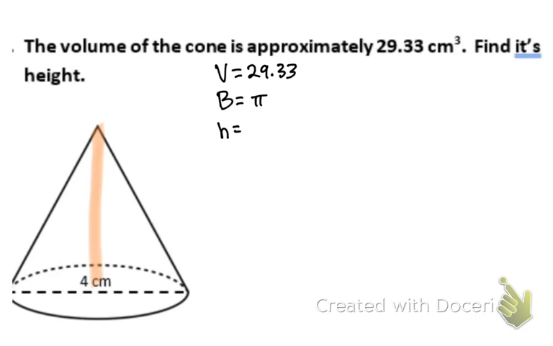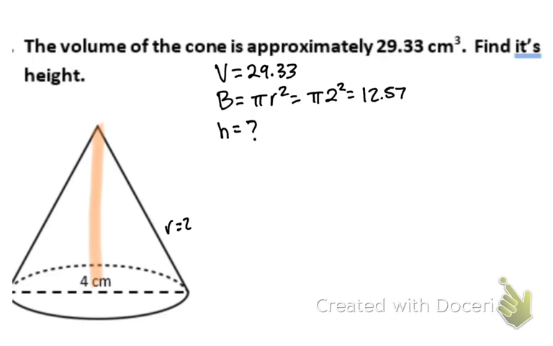That's pi r squared. Our radius here, they give us 4 for the diameter. I only need half of it for the radius, so our radius is going to be 2. I can put that in the calculator, pi times 2 squared, and that's going to give me 12.57. And the height, I don't know what that is. We have to find that one.